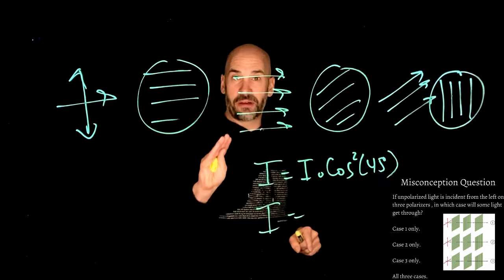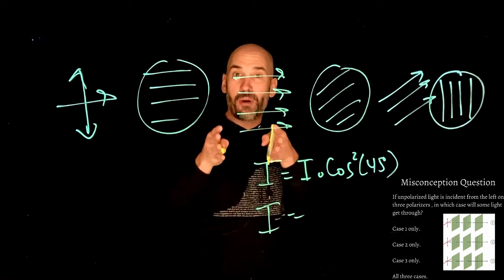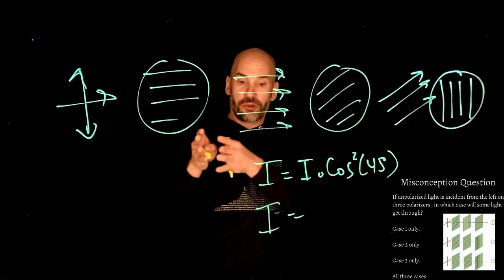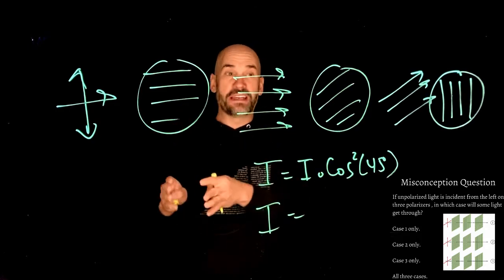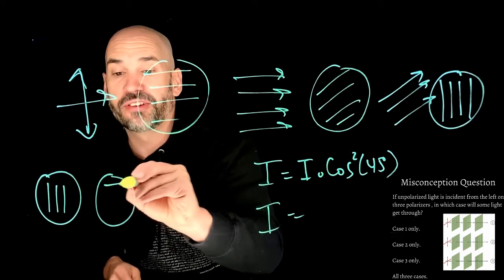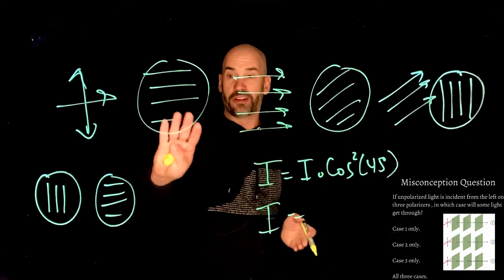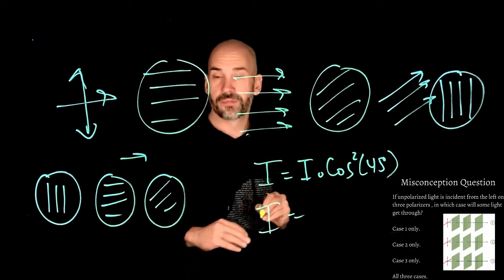So what is fascinating about this is that the order of the polarizers matters. You could take 3 polarizers and just change the way in which they're ordered, and you can go from a situation where no light gets through, in the case where you have a vertical and a horizontal polarizer back to back, then it doesn't matter whatever you put after this because no light is going to come out of that, right?